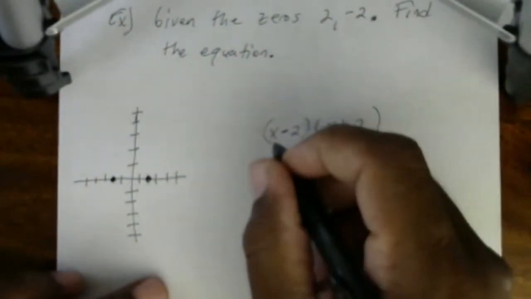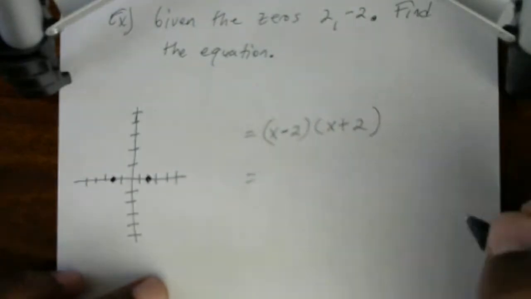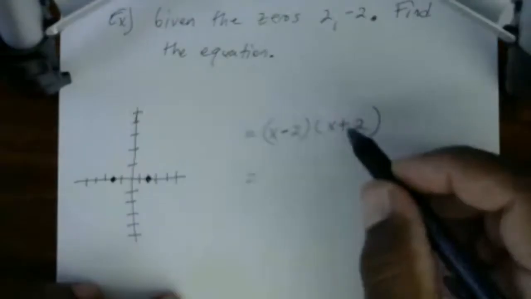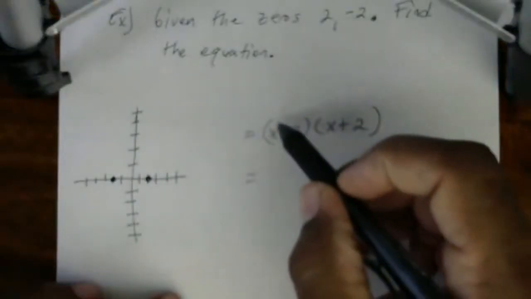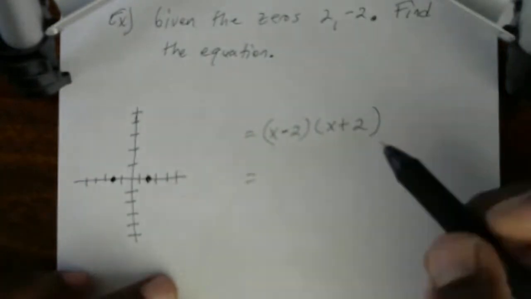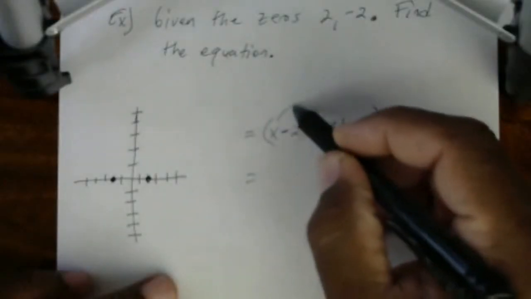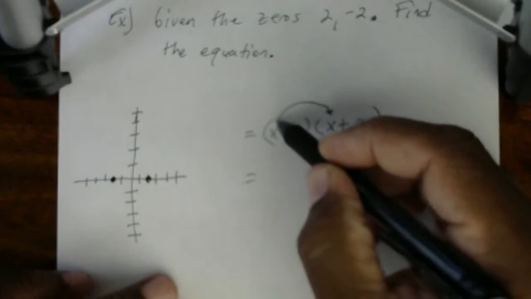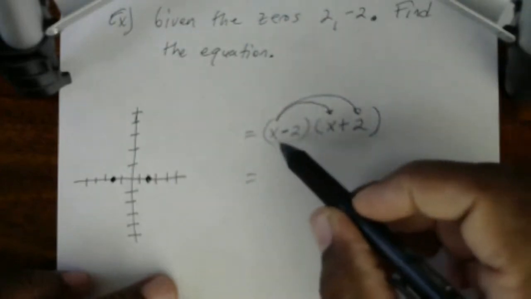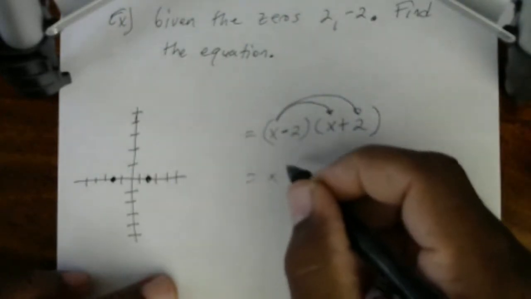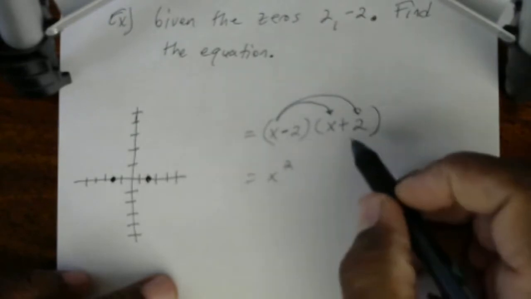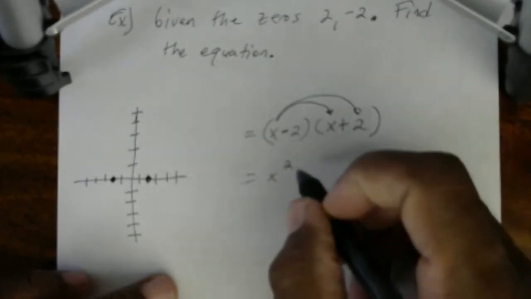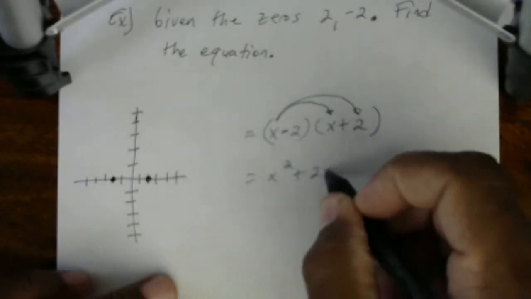To write out my equation, I can simply multiply these two things together. I can use the FOIL method, or the distributive method. I'm going to multiply everything in that second set of parentheses by x. So x times x is x squared. x times 2 is 2x.